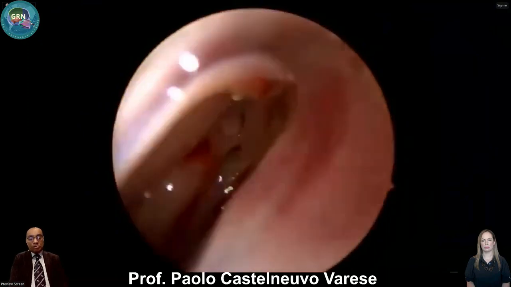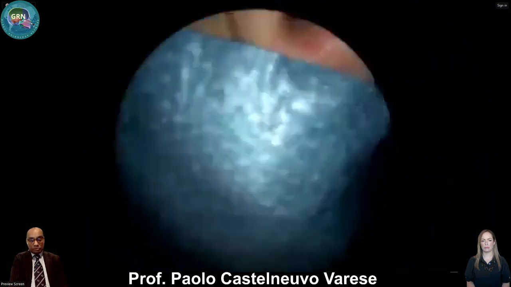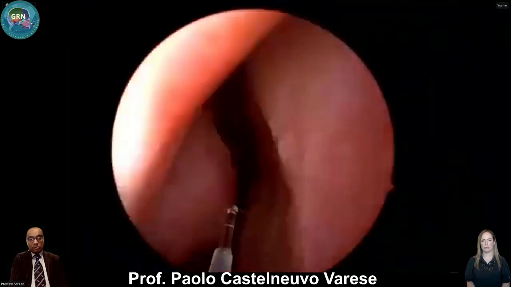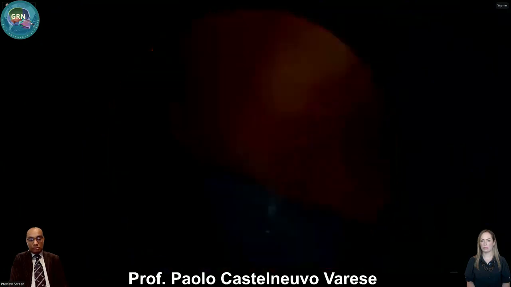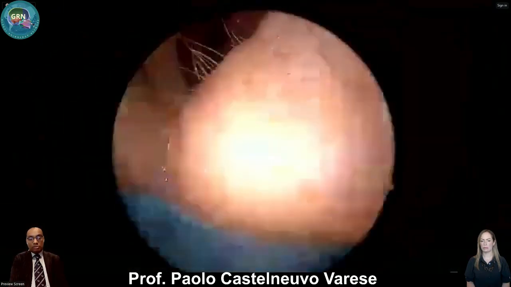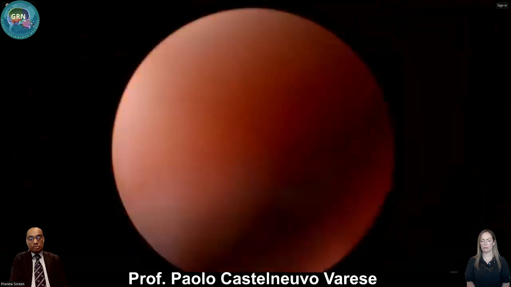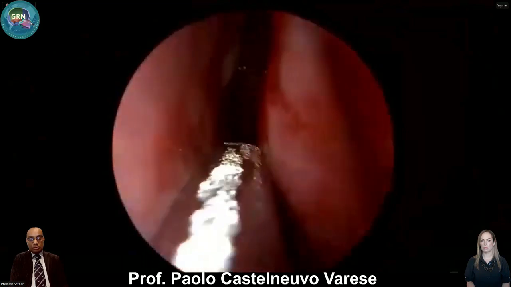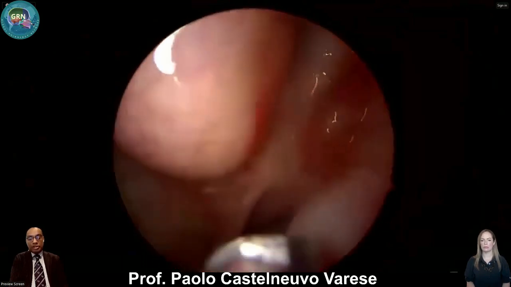Professor, what technology are you using for this surgery? So I'm using now a 0-degree scope and the incision of the mucoperiosteum I will perform with a diode laser. It's a contact laser. That's interesting.